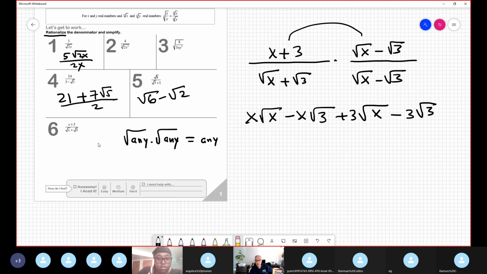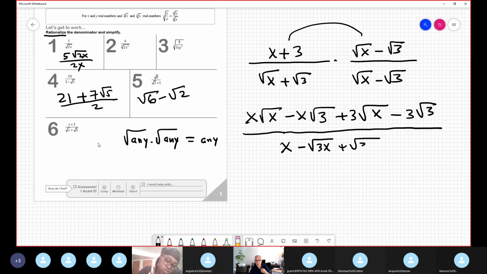And unfortunately, we cannot combine anything. In the bottom, radical x times radical x is x. Radical x times minus radical 3 is minus radical 3x. This and this is plus radical 3x. And radical 3 times radical 3 is minus 3.